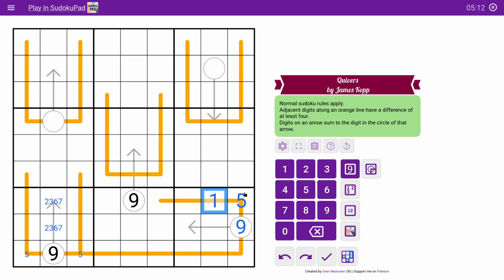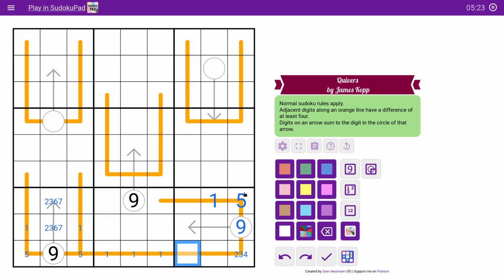Which means that is a 1. Which means one of those is a 1 because we know one of those is a 1. 2, 3, 4. Low, high, low. Sure.